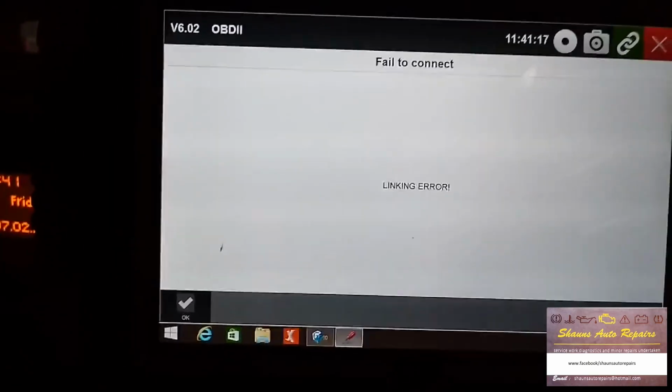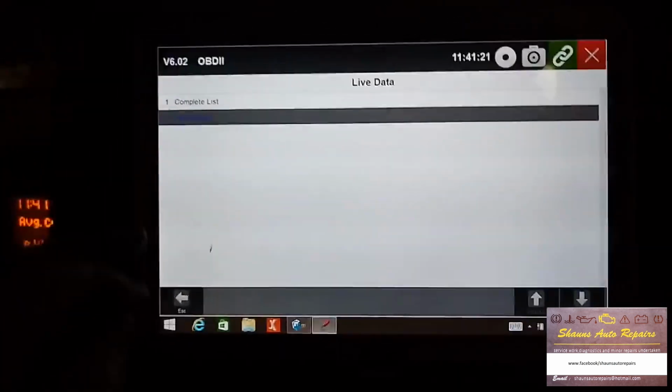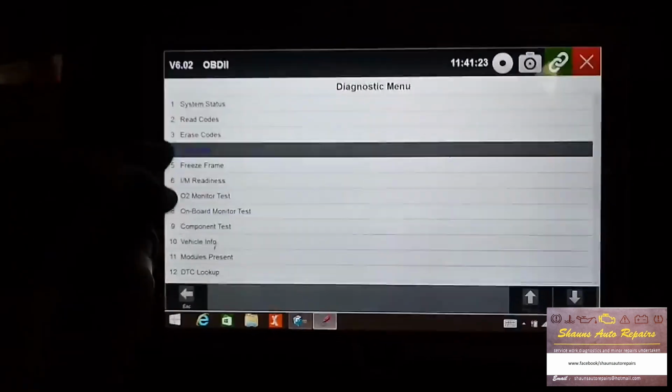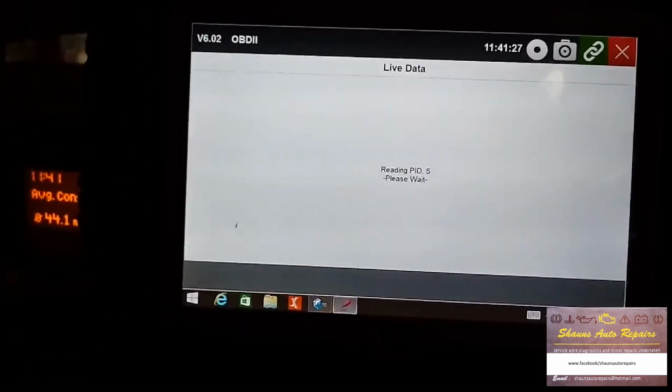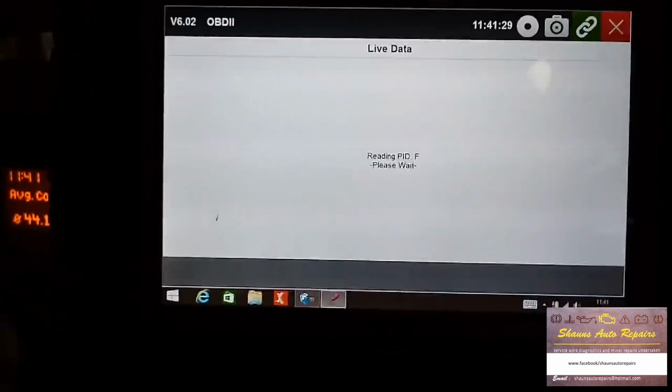Right, we'll go back inside the car and we'll get some live data. Alright, first of all we'll start the car up. Then we'll get some live data. See whether that connects straight away.